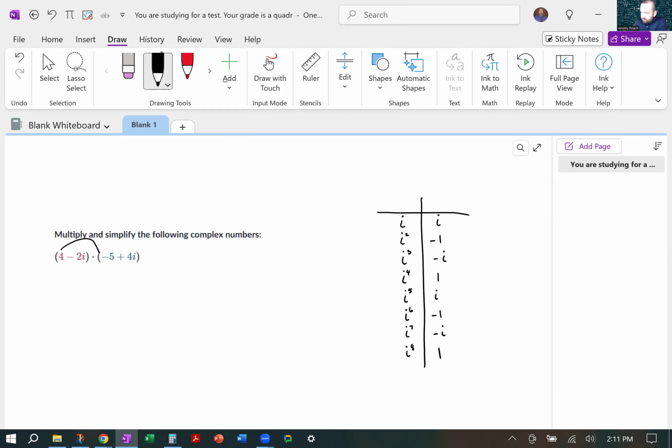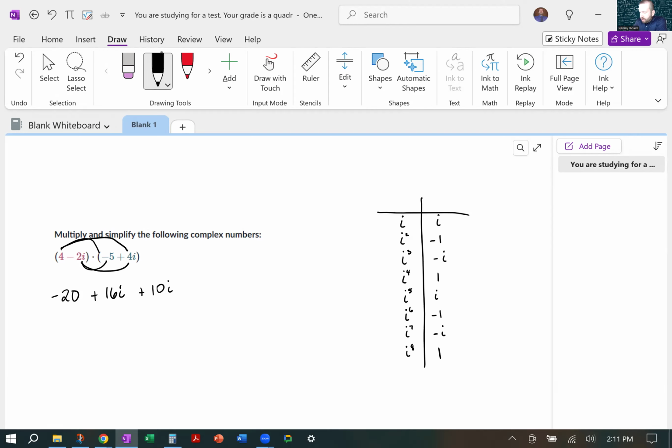So do 4 times negative 5 is negative 20. 4 times 4i is plus 16i. Negative 2i times negative 5 is plus 10i.